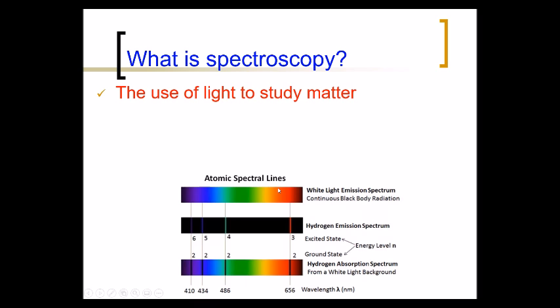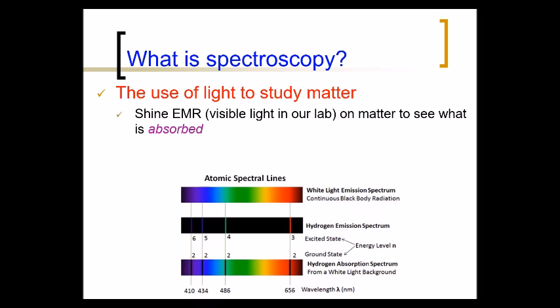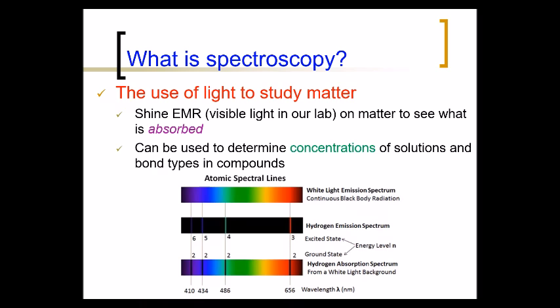So it's the use of light to study matter, and it really could be any kind of electromagnetic radiation from the electromagnetic spectrum. In our lab, we're going to be using visible light from the electromagnetic spectrum to see what is absorbed. And from that absorbance data and using Beer's Law, we are going to be able to determine concentrations of solutions. So that's the aspect that we're going to be looking at.